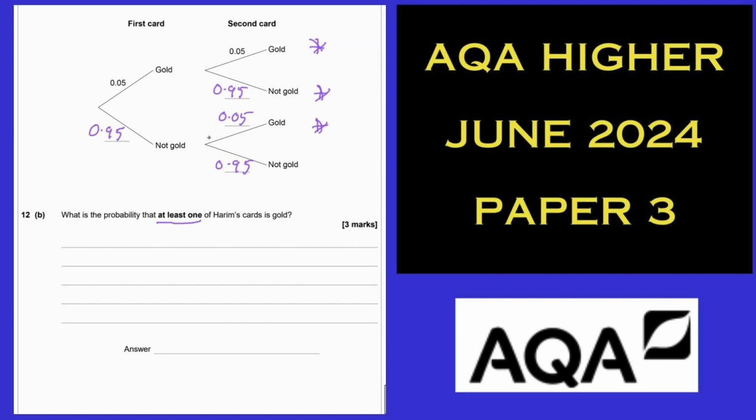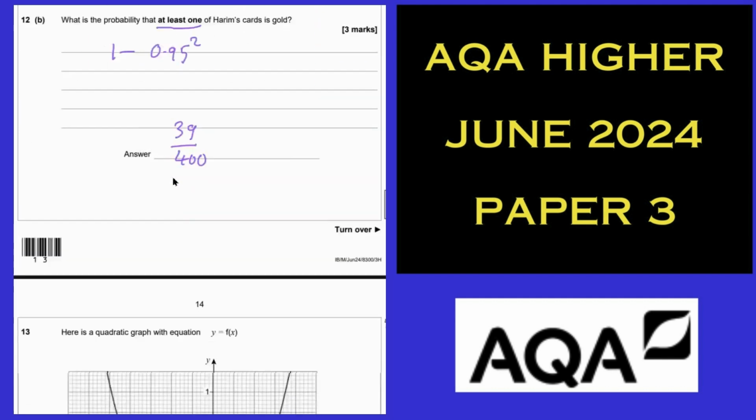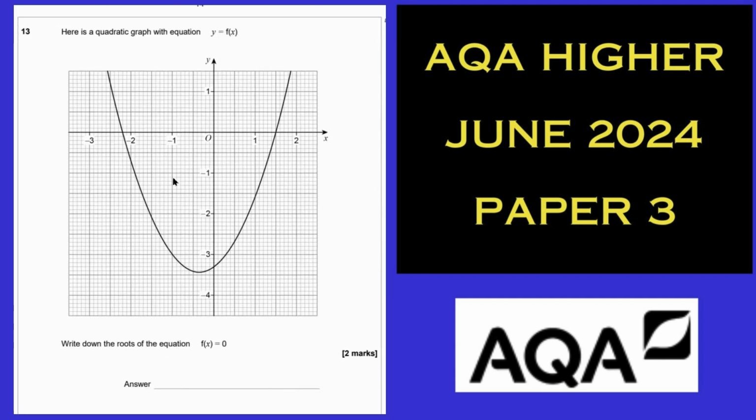But like I've already said, I'm a fan of the 1 minus that one. So it's 0.95 times by 0.95. You'll either get 39 over 400, or if you've done it decimal, 0.0975.